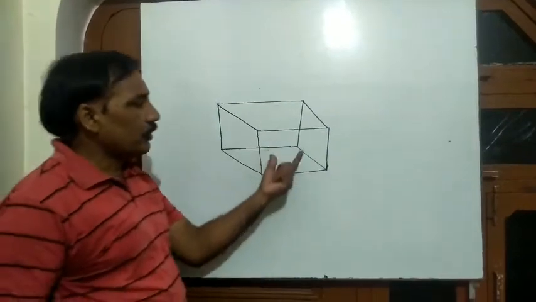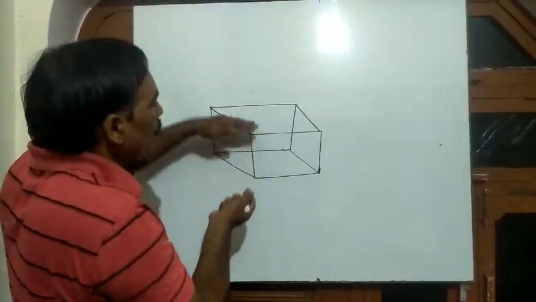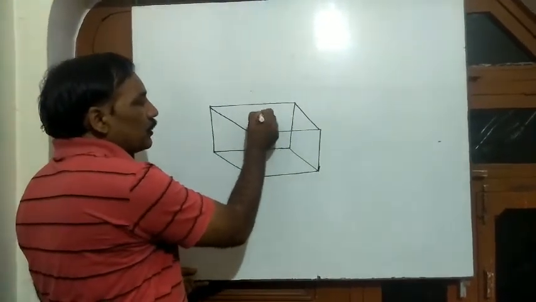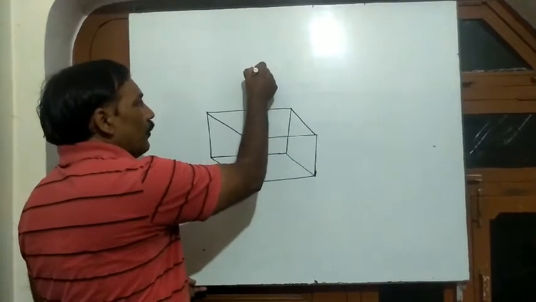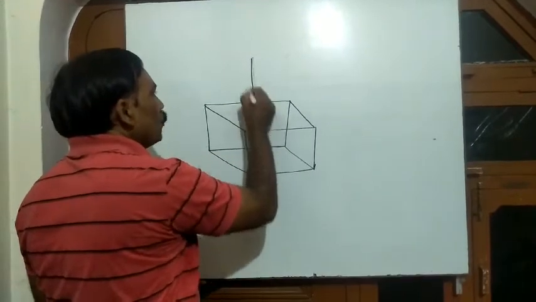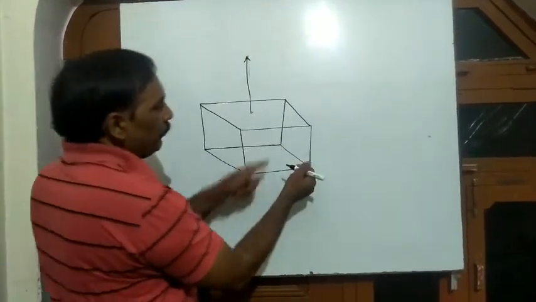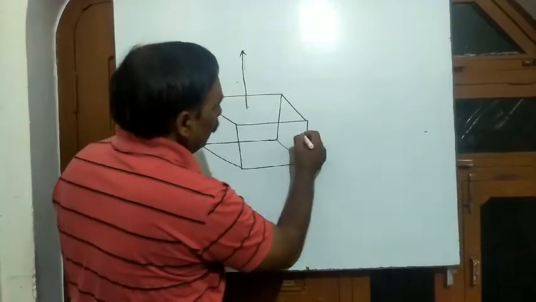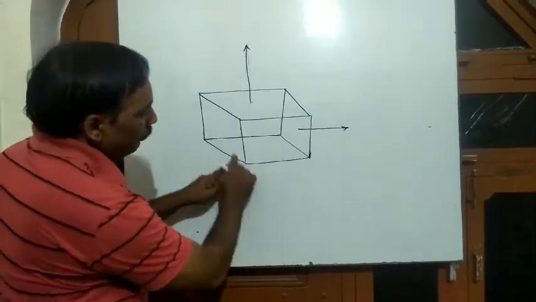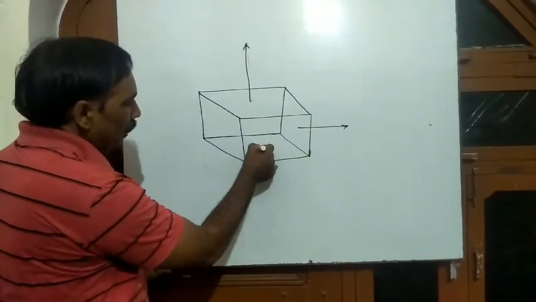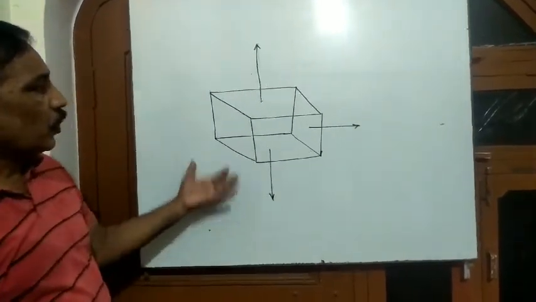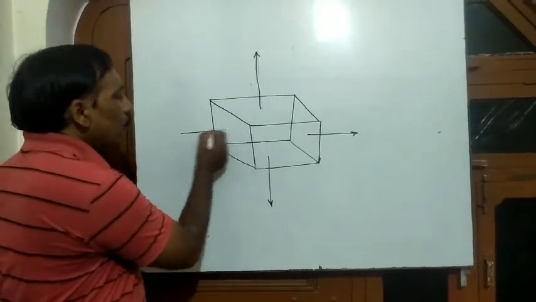Now what will be the area vector? Suppose you want to draw the area vector on the top of this cuboid. It will be perpendicular to this top surface and outward, always outward. So area vectors on closed surfaces are normal to the surface, outward, not inward. If you want to draw the area vector on this surface, it will be in this direction. And on the bottom surface, it will be downward, like this. Clear?